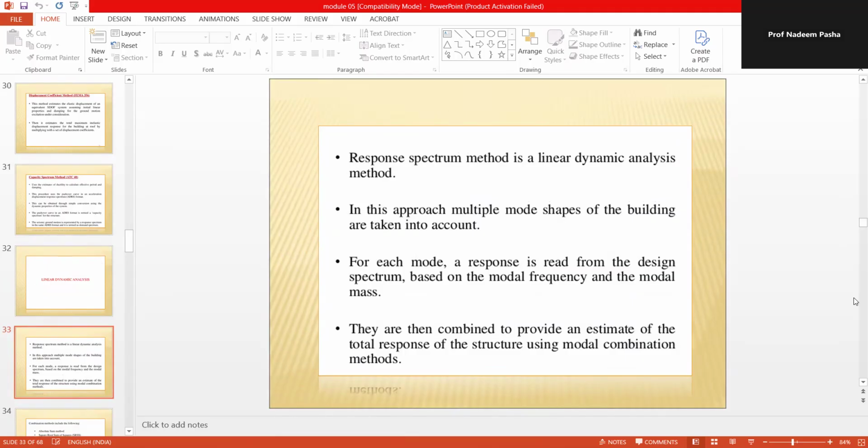For each mode, a response is read from the design spectrum based on the modal frequency and the modal mass. They are then combined to provide an estimate of the total response of the structure using combination methods.